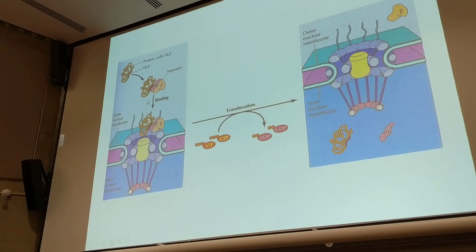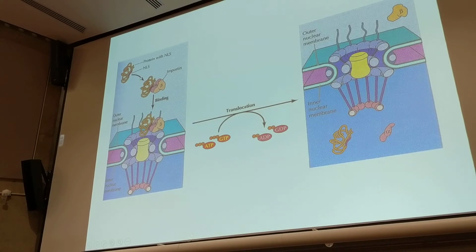This process, this translocation process, requires the hydrolysis of ATP and GTP. And whenever ATP is used, it means that there is a requirement of energy. It's an active process. So a complex protein needs energy to be translocated into the nucleus.